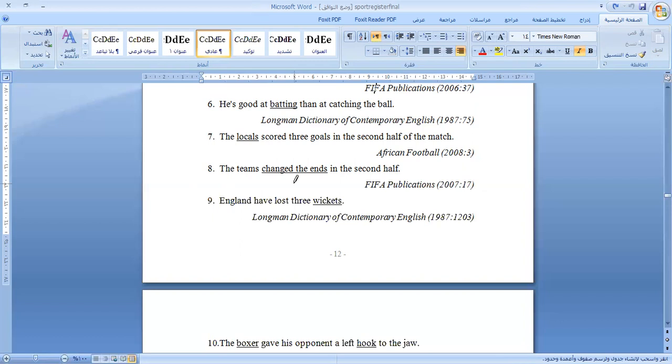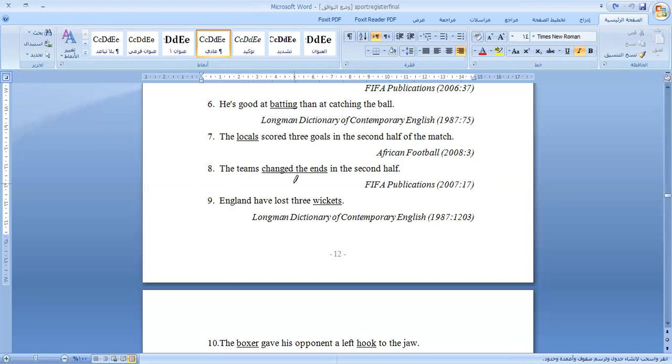Next, sentence 9: England have lost 3 wickets. Actually, the literal rendition of wickets in Arabic does not give any meaning or sense.